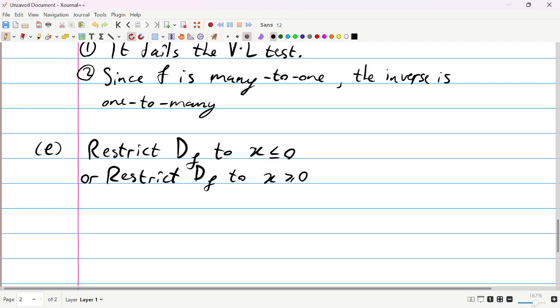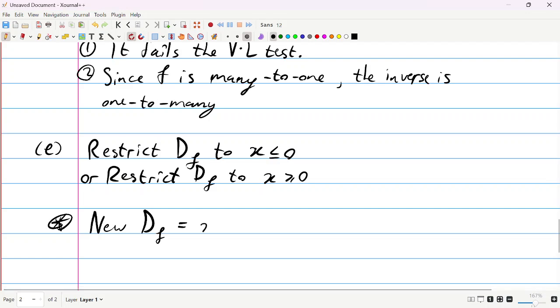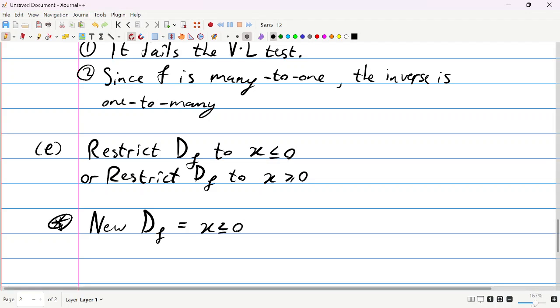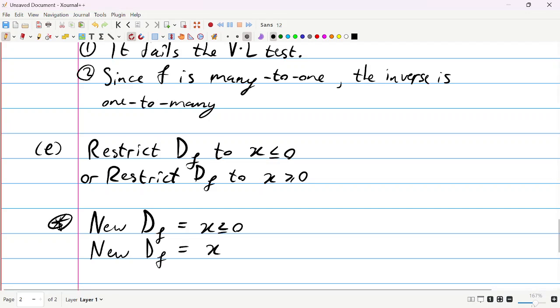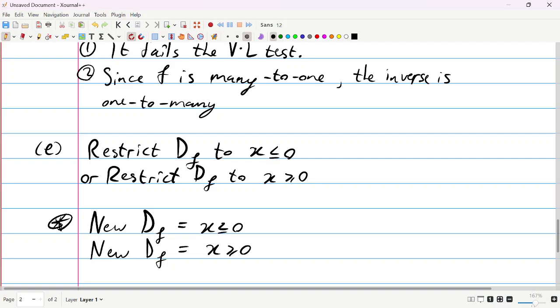Those are the two different things that you can do. So as an actual answer, the restricted domain of f would be x is less than or equal to 0, or the restricted domain of f would be x is greater or equal to 0. So that is how you could answer this question.